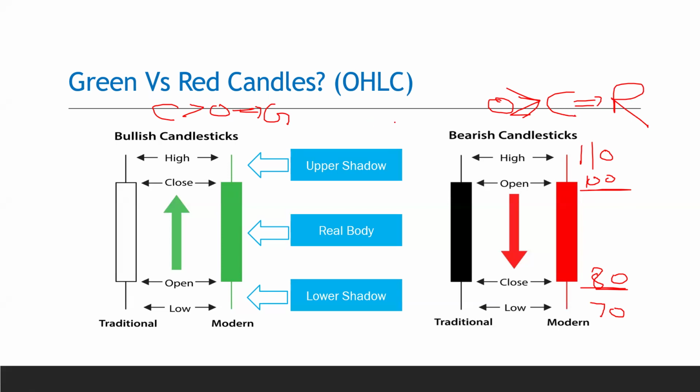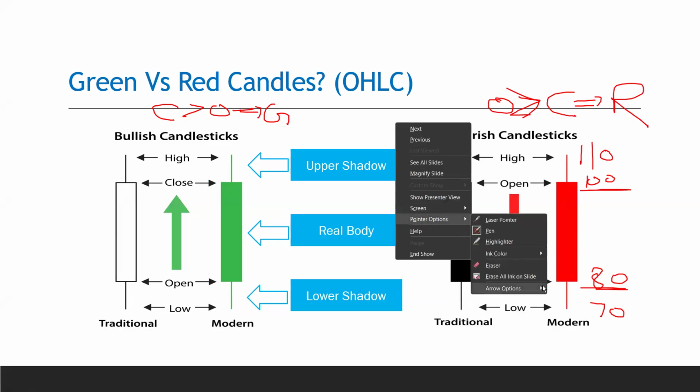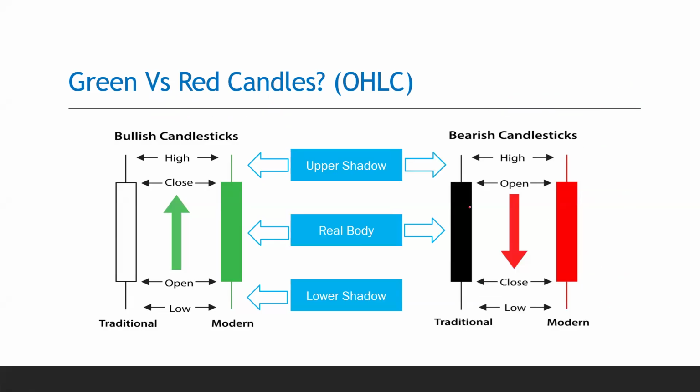Okay. Now let's move ahead. The story remains the same. This is the upper shadow. This is the lower shadow. Now, why is this white and why is this black?